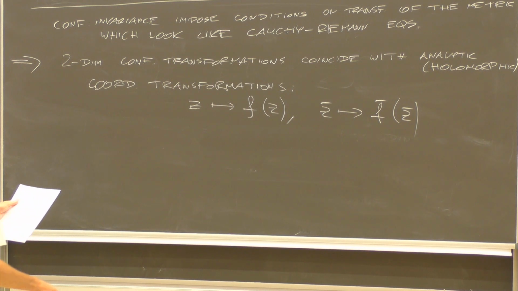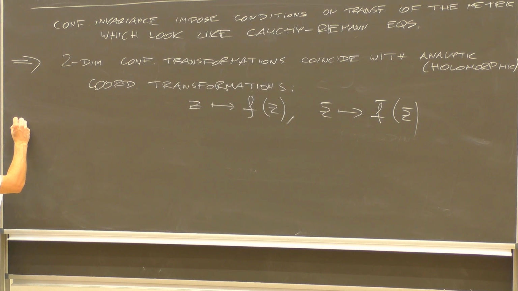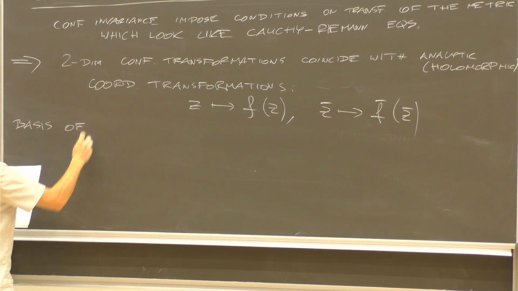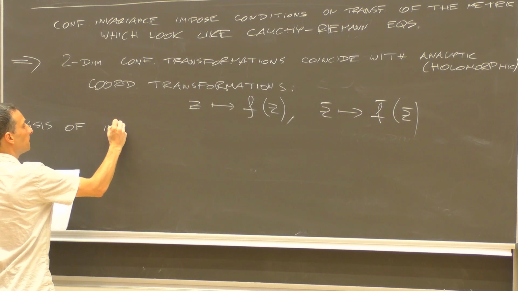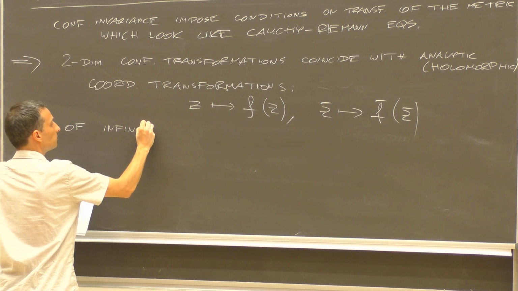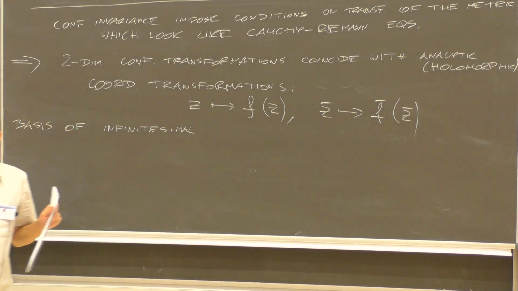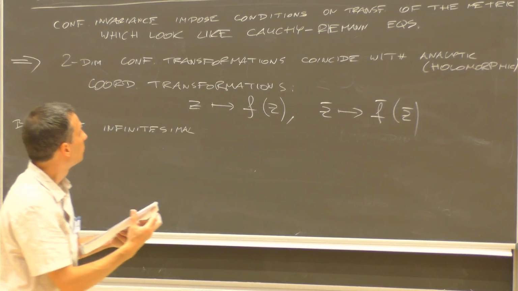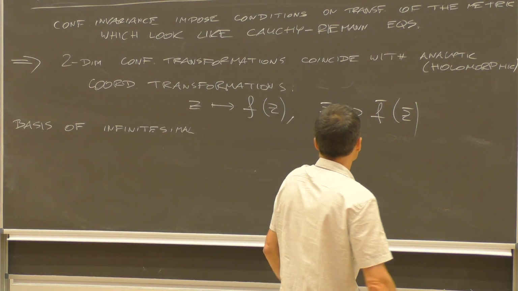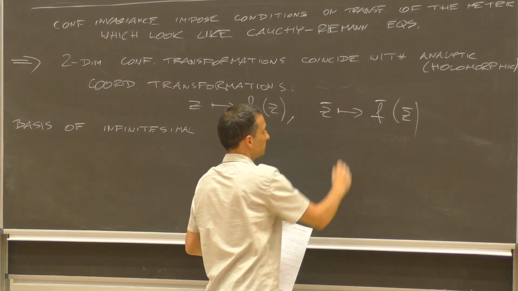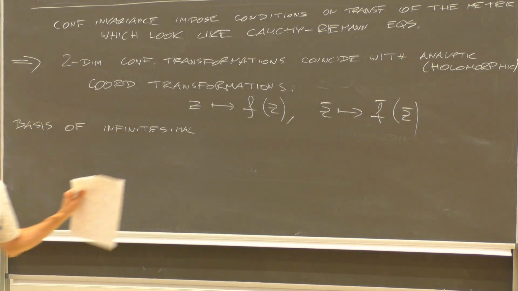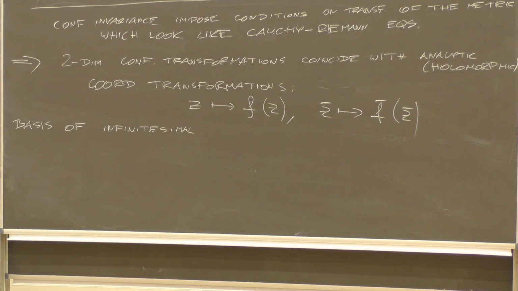So you can write a basis of infinitesimal transformations. We treat F bar as an independent function. For now, this is just the complex conjugate, but in fact, later on in quantum theory, we can think of z and z bar as independent ones.